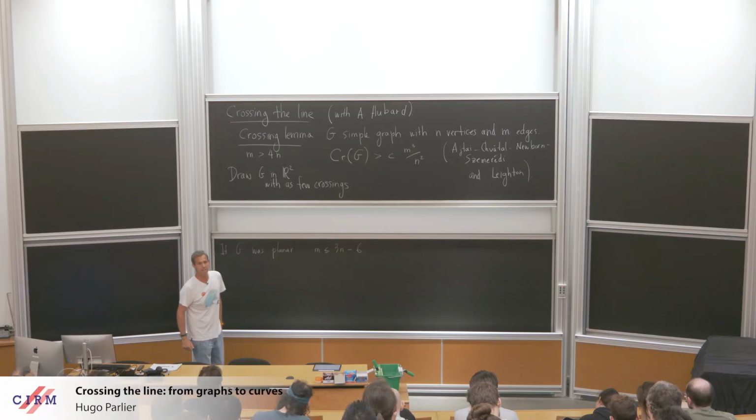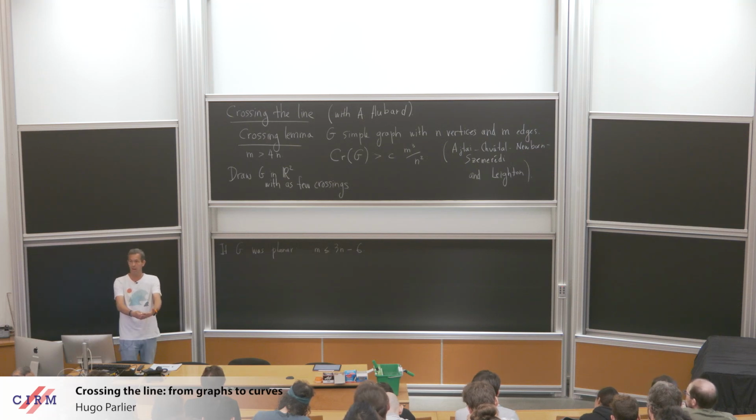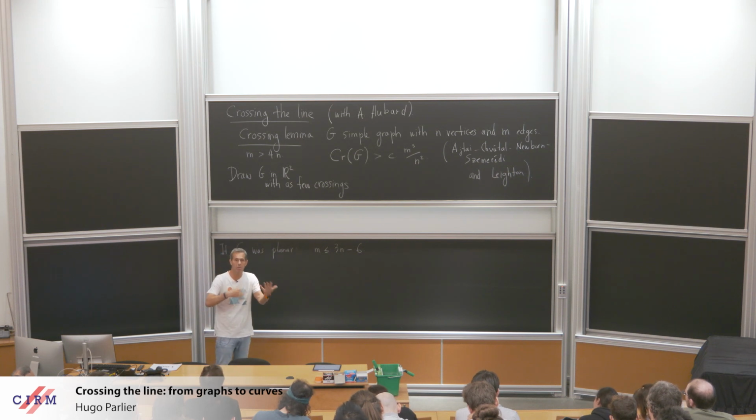And this basically comes down to Euler's formula. When you look at a planar drawing of the graph, you can triangulate all the remaining zones, you do a computation, and this inequality comes out.